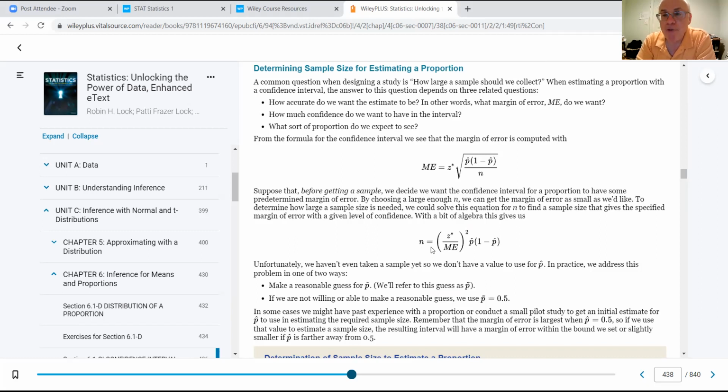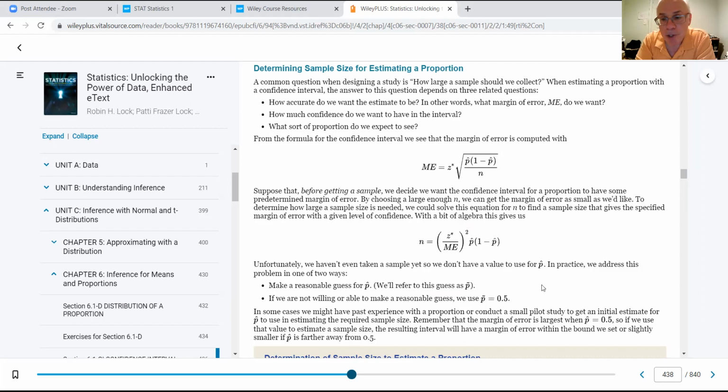So if you have n equal to some number plus a decimal, it doesn't matter if the decimal is as low as 0.01, you round up to the next whole number. Unless you get a whole number when you do this calculation, you just round up to the next whole number, and that is the minimum sample size that you should get. Now you can sample more than that and you'll be fine, but you can't sample fewer than that number of people.